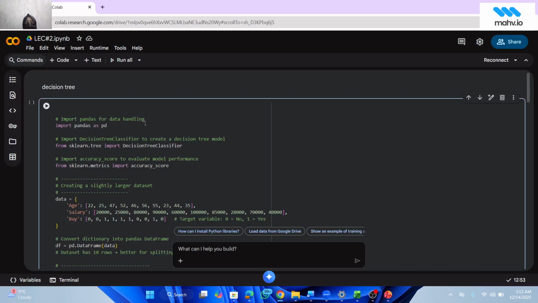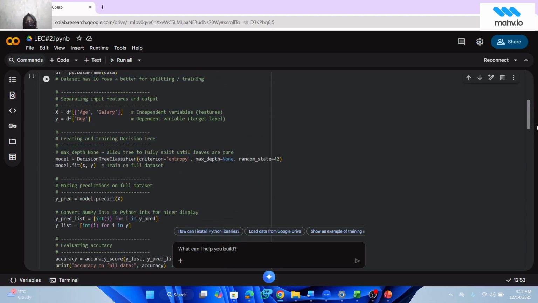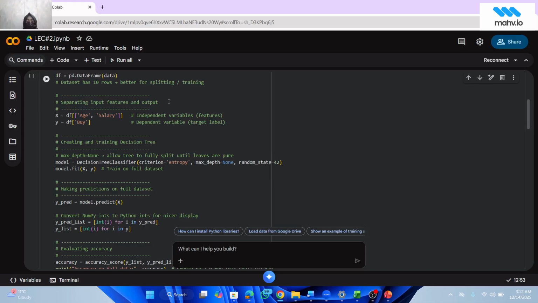In that, first of all, we install the libraries: pandas, the decision tree classifier, then accuracy score for evaluation. Then we have data here, that is features as well as target. After that, we convert our data in a better way.